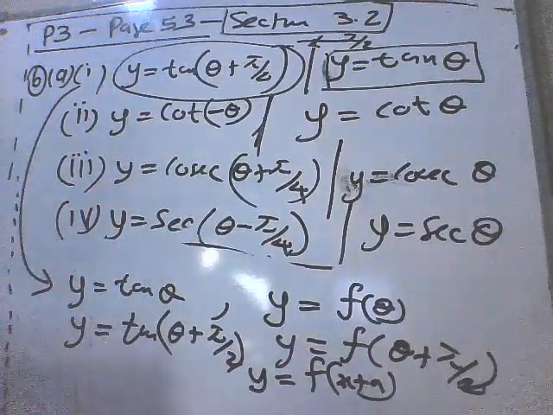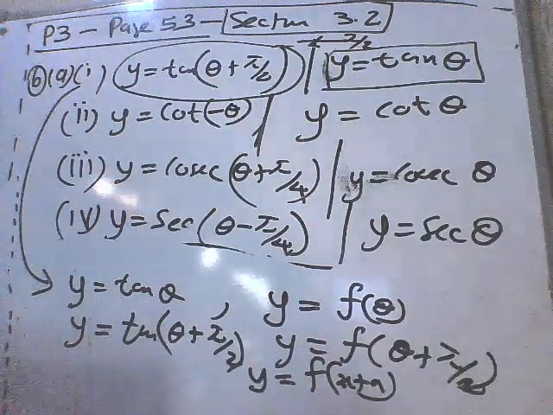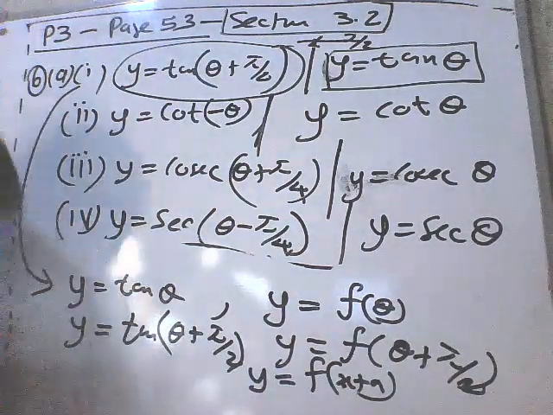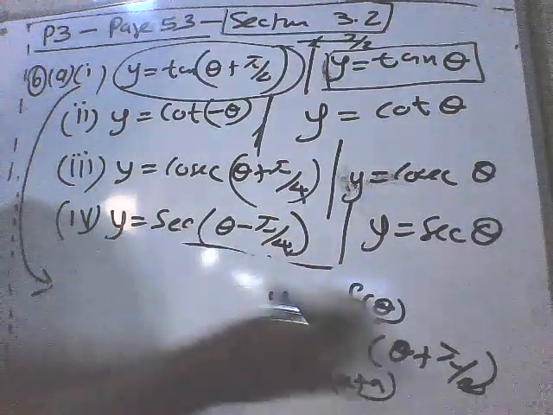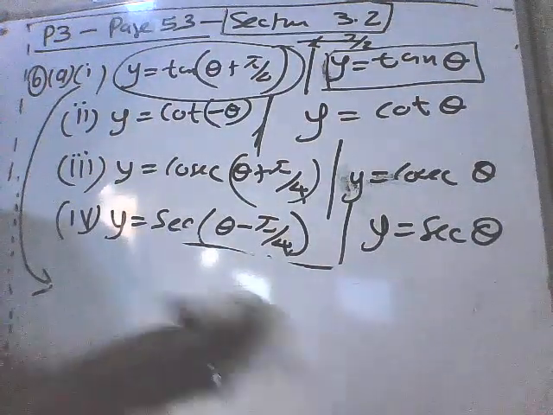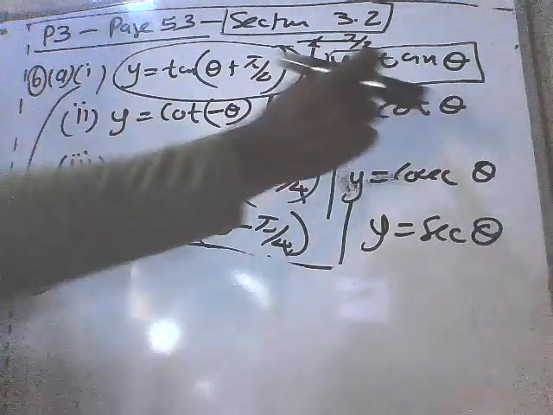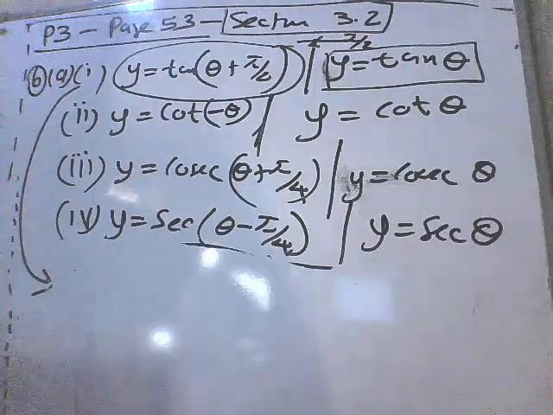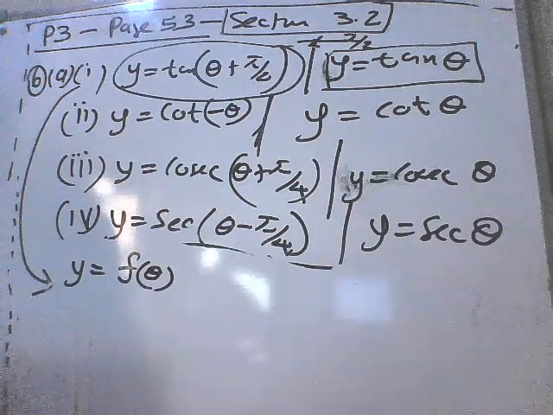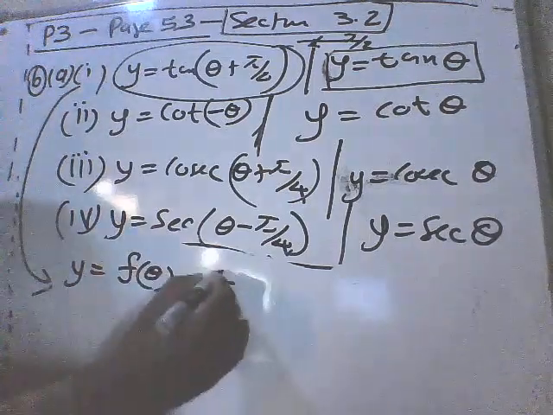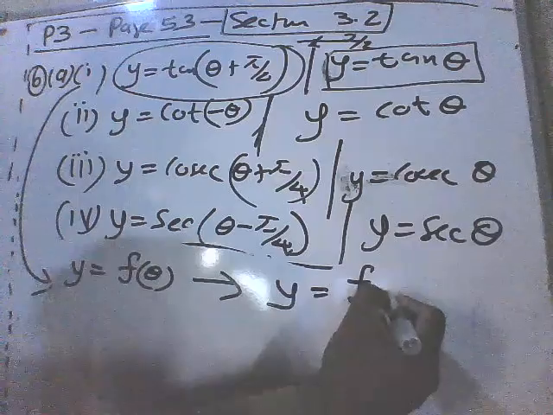Now we will see what has happened here. All the transformations you should remember, and you have to map them. Here it's like y equals f(theta), a function of theta, and it has become y equals f(minus theta).